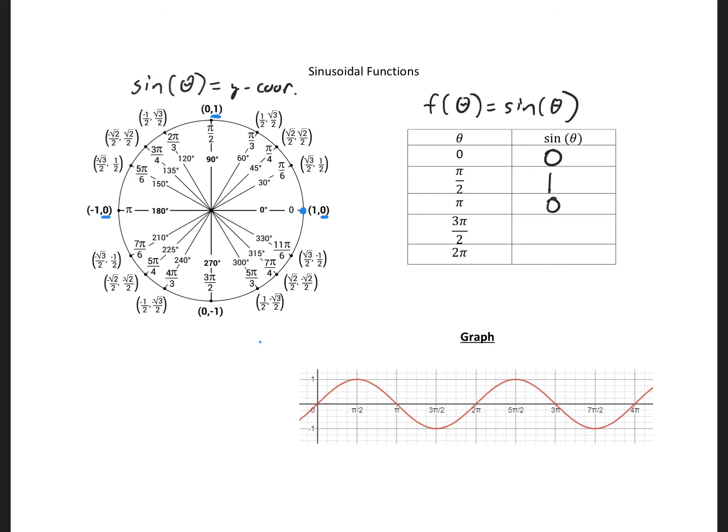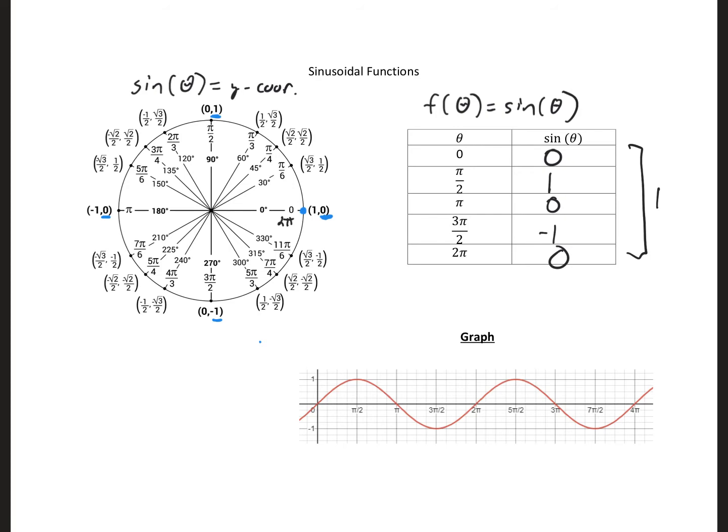Sine of 3 pi over 2 is negative 1. And sine of 2 pi, remember 2 pi just means we went all the way around the unit circle. That would arrive us back at that same point where y is 0. So sine of 2 pi is 0.